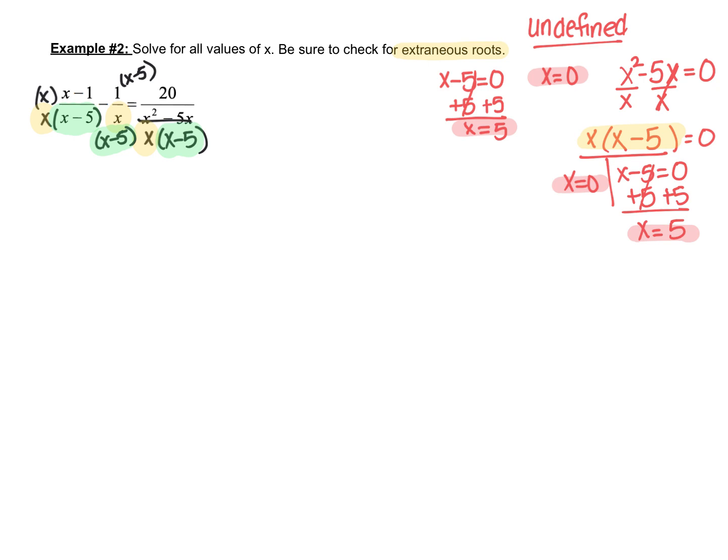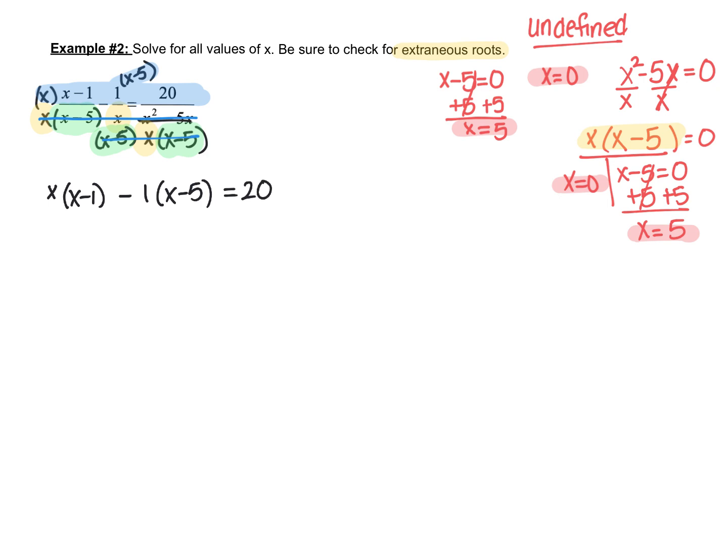So now the next step is I can cancel off the common denominator and set the numerators equal to each other. Let's write exactly the way that we see it. We have x times x minus 1 minus 1 times x minus 5 equals 20. So the goal is to solve that.